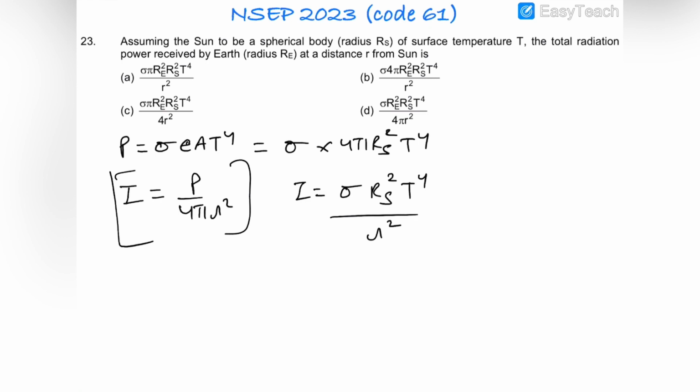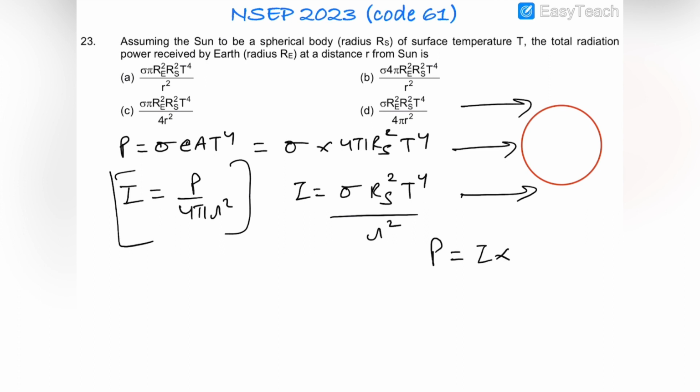And obviously we can see that the power received by the Earth will be almost parallel due to the fact that Sun and Earth are situated at a very large distance. So conceptually we can assume that light would be parallel when incident on the Earth, and therefore the power received by the Earth would be intensity into the area perpendicular to the radiations.